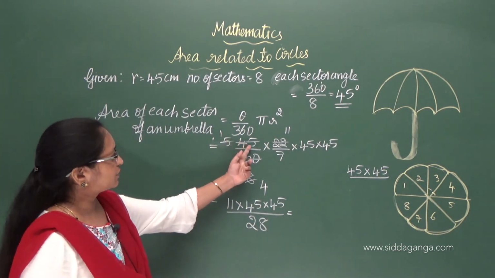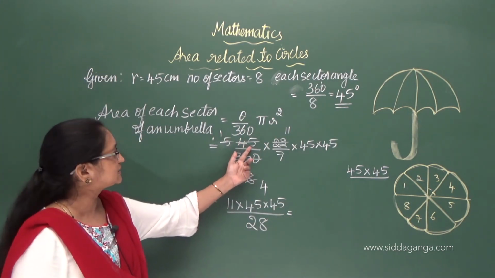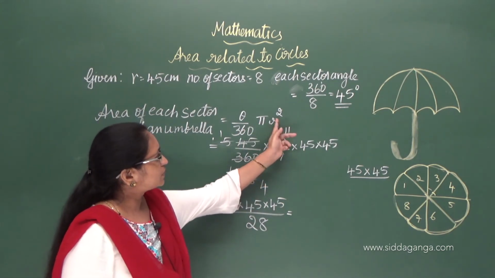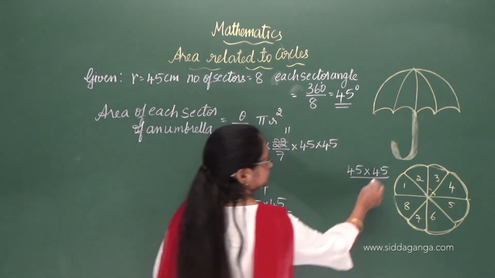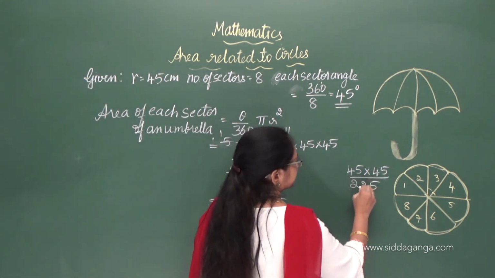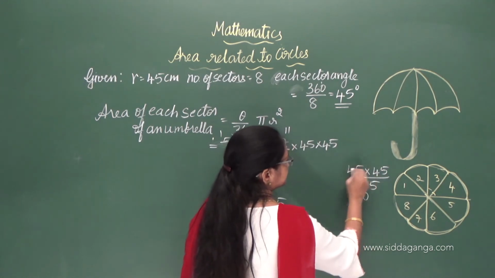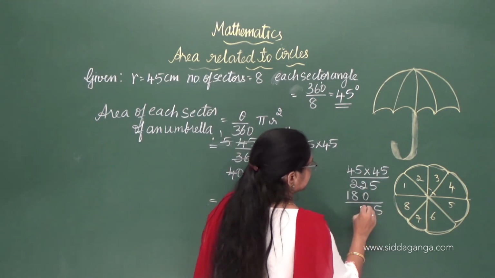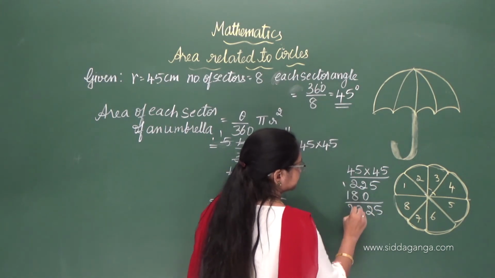Theta is 45, the sector angle, divided by 360, into 22 by 7, into r, 45 into 45. 5 5s are 25, 4 5s are 20, 4 4s are 16, and so on.